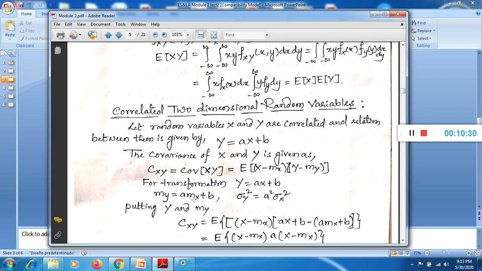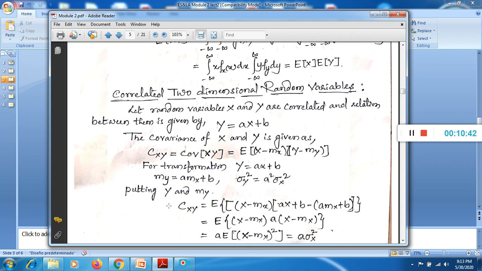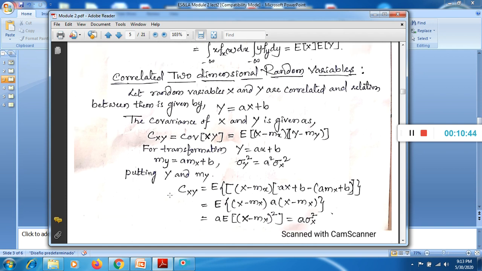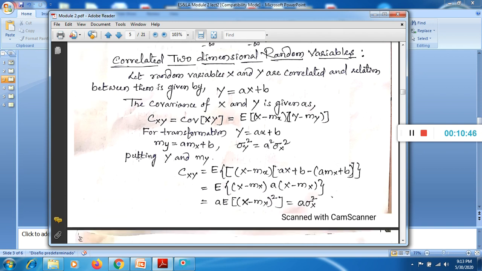Similarly, my is equal to a into mx plus b, which makes del y square equal to a square del x square. So for this, we need to go for some analysis putting y and my. Now let's write the cxy, that is covariance of x and y.